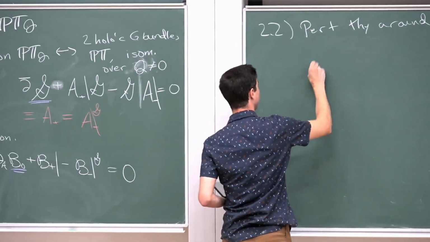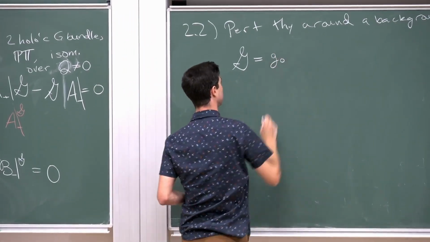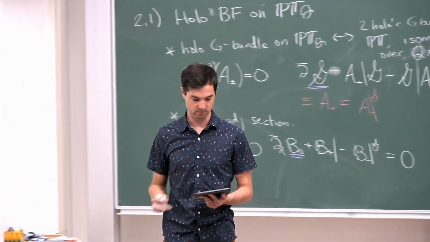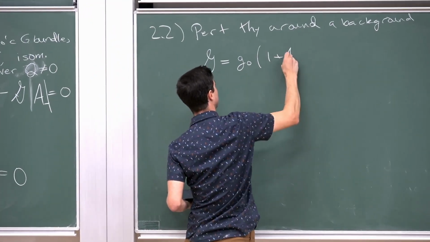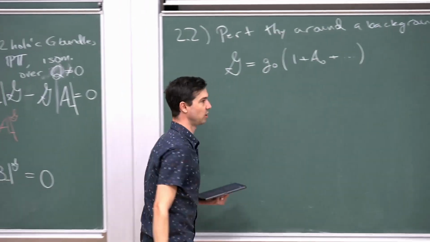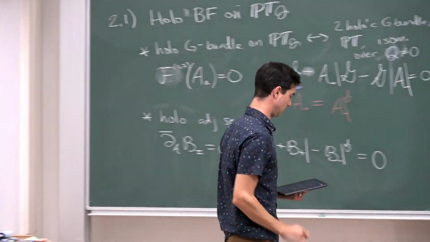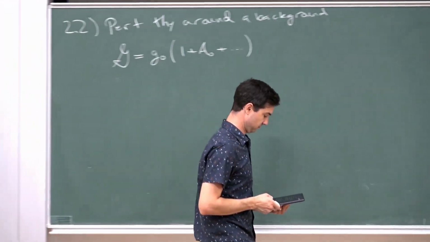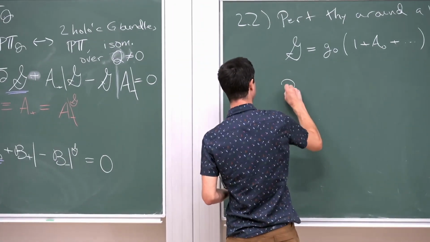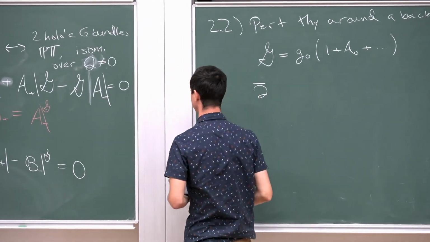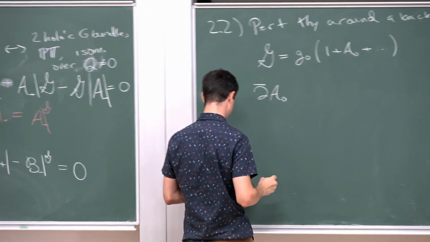So I'm going to imagine that my calligraphic G is actually some fixed background I'll call G0. And we're going to consider some small variation away from that, parameterized by a new field I'll call A0. And so when we do this, we can look at these equations of motion for G and find the following equations of motion for A0.